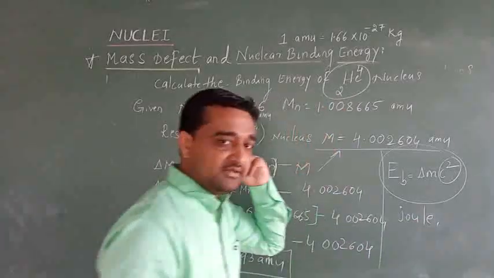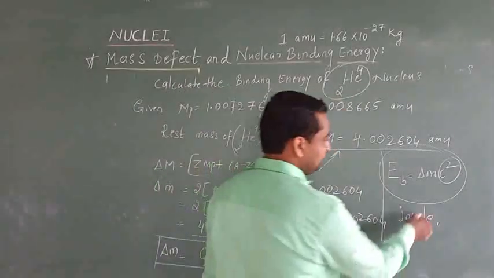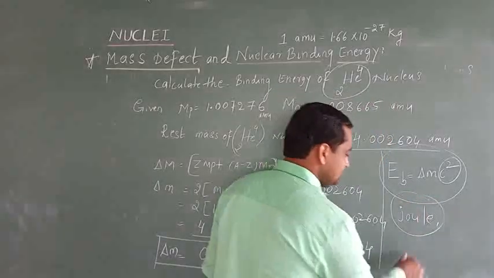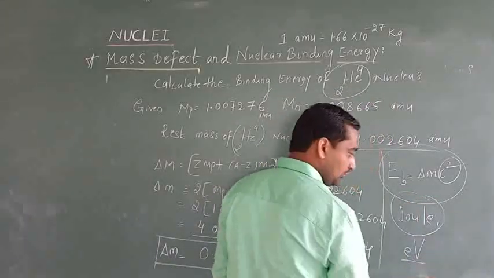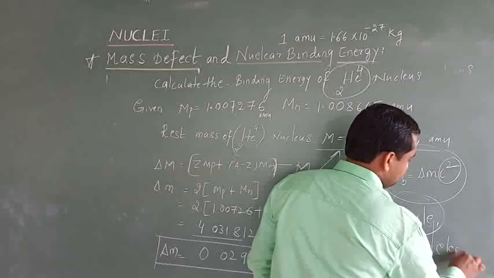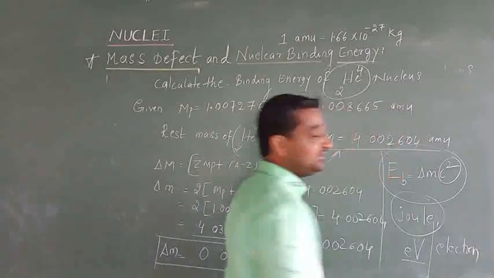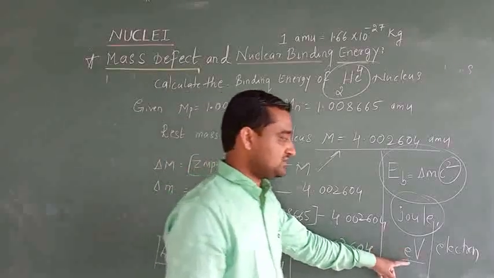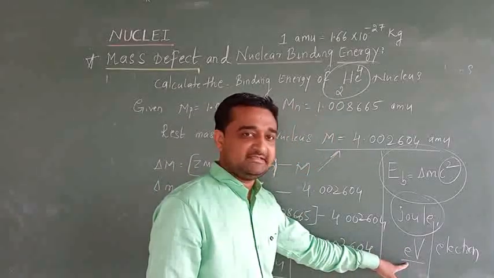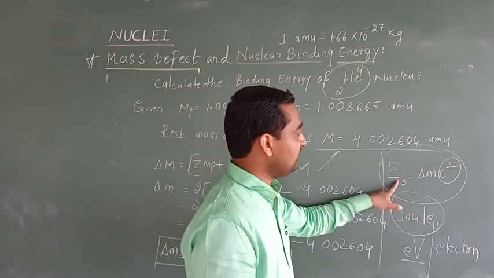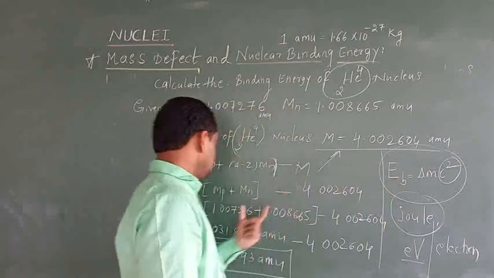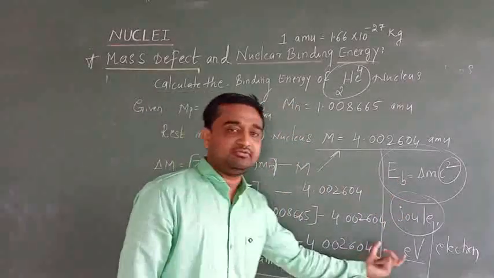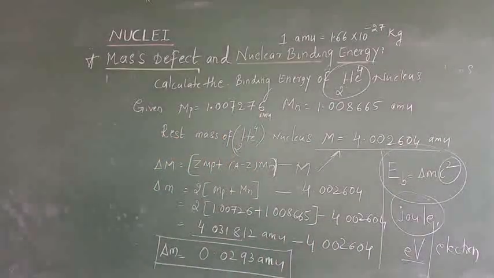But in atomic and nuclear physics, we use one more unit of energy, that is, electron volt. Right? Now let us see what is electron volt. That is the unit of energy. Then we will calculate the binding energy of the helium nucleus in terms of electron volt. So now let us see what is electron volt.